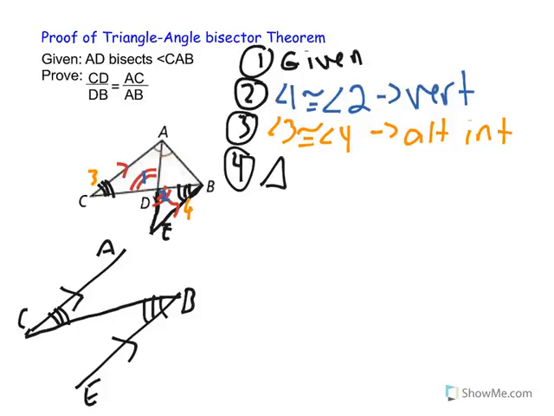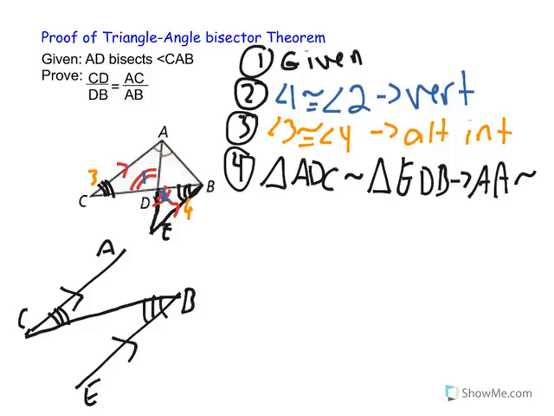I have triangle ADC is similar to triangle EDB by angle. So those two triangles aren't going to give us quite what we want to prove because neither of them has side AB in it. So we're just going to do some extra things to try and get there.